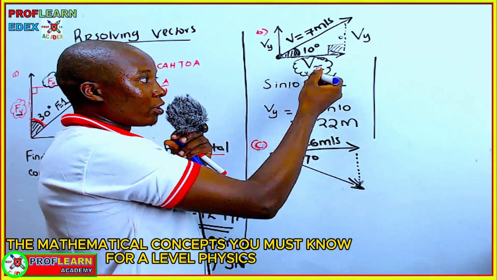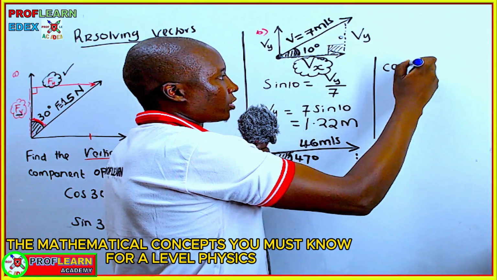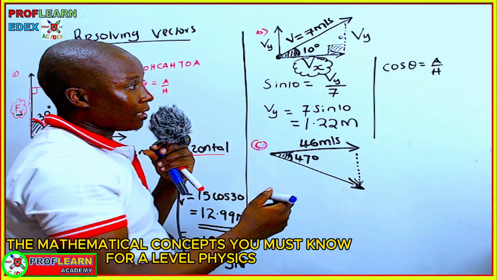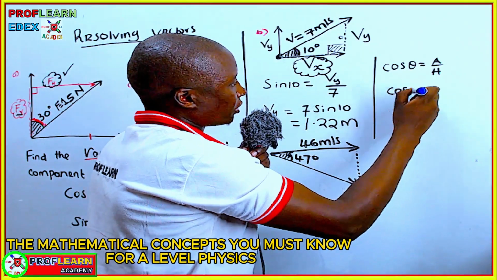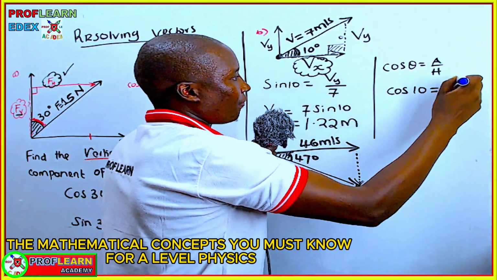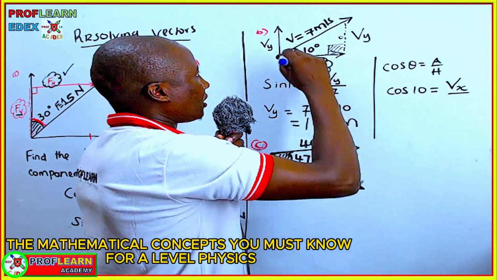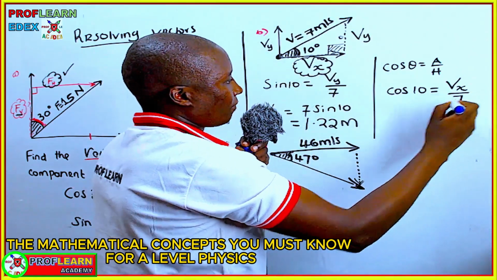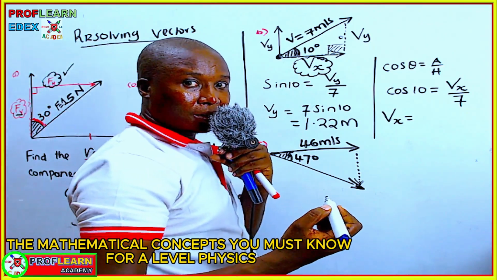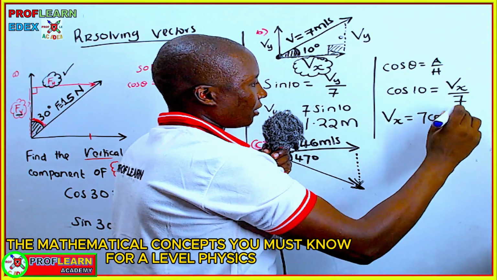So which means that we are going to use adjacent and hypotenuse, and that is actually cos theta equals adjacent over hypotenuse. That will mean that cos 10 is equivalent to adjacent, but adjacent is velocity in the x direction over the velocity that we are given, which is 7. So v in the x direction is going to translate to what? If we rearrange this, we are going to have 7 cos 10 degrees.